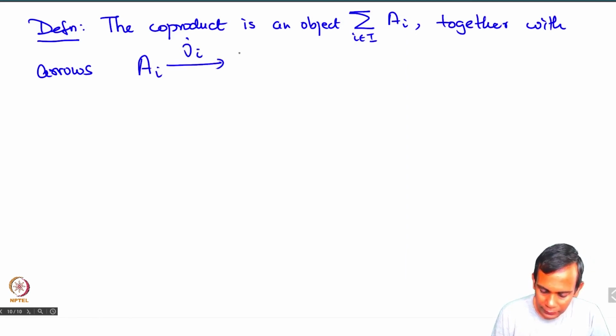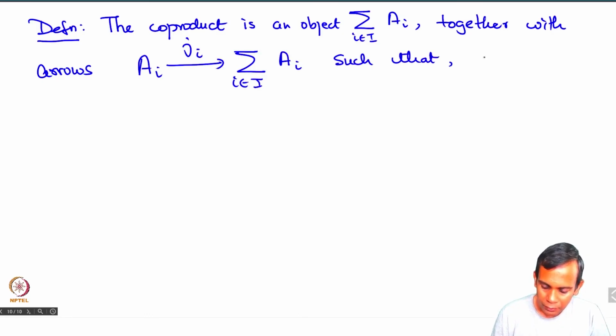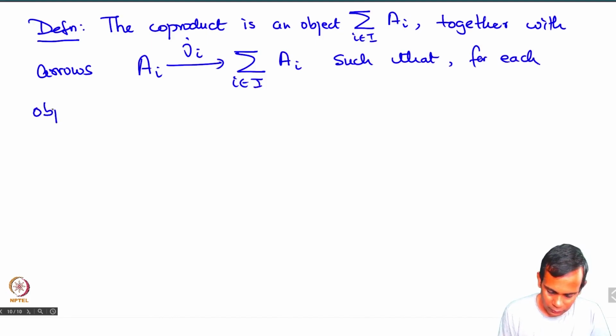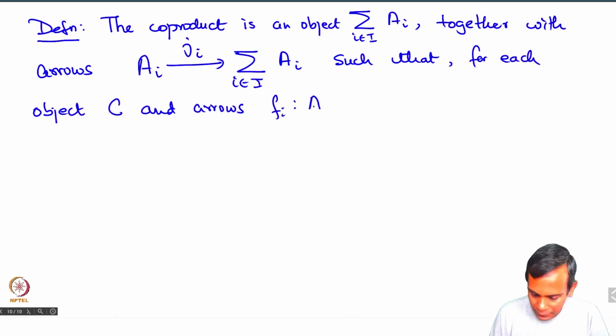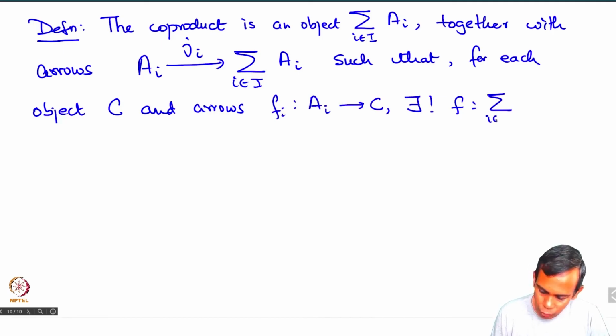There's an arrow j_i to this coproduct, over i in I of A_i, such that for every object C and arrows f_i from A_i to C, there exists a unique arrow f from this coproduct to C.